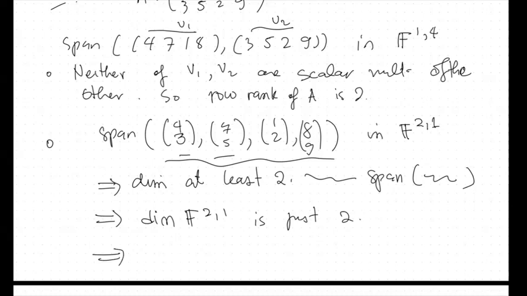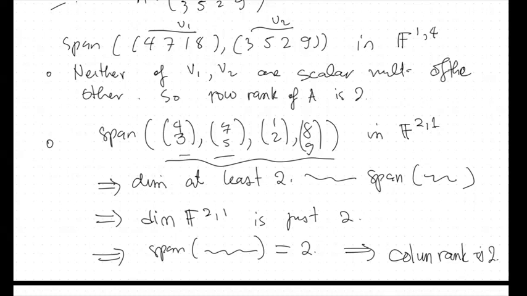Thus the span of this is equal to 2 also. That means that the column rank is also 2. Notice that we have the same row rank and column rank here.